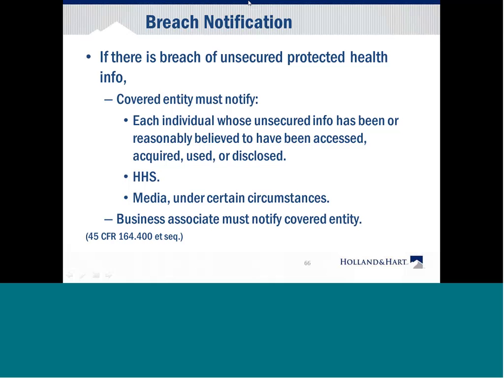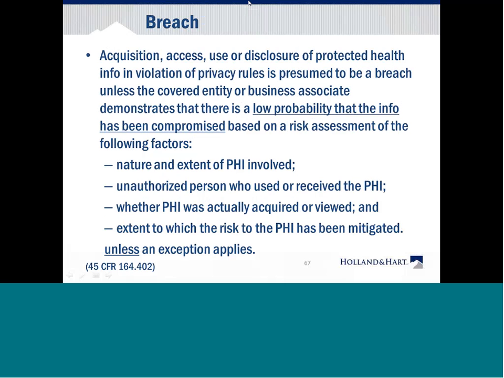Remember, if the information is encrypted, then it's not unsecured. Right now, essentially, the only way that you can secure information is to encrypt it. For hard copy data, you can completely destroy it, but if you completely destroyed it, I don't know how you could ever have a breach. So the key here is for electronic information, making sure it's encrypted. And then determining if it was unsecured, determining whether there's a breach.